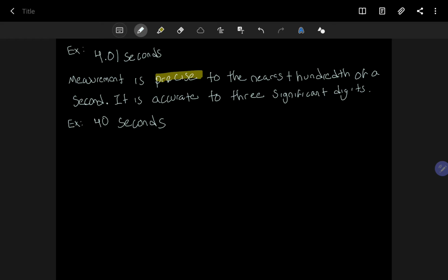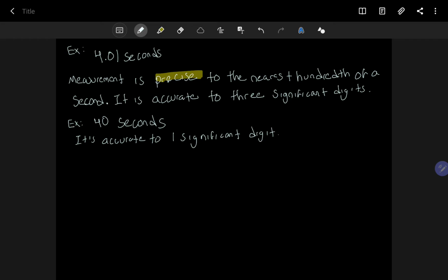If we were to look at the second example, 40 seconds. So, we need to look for the digit numbers. Any 0 to the right, it doesn't count. So then in reality, we'll only have one digit number in this case. So it's accurate to one significant digit.